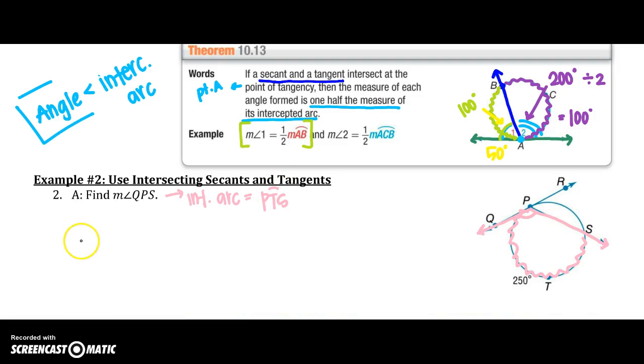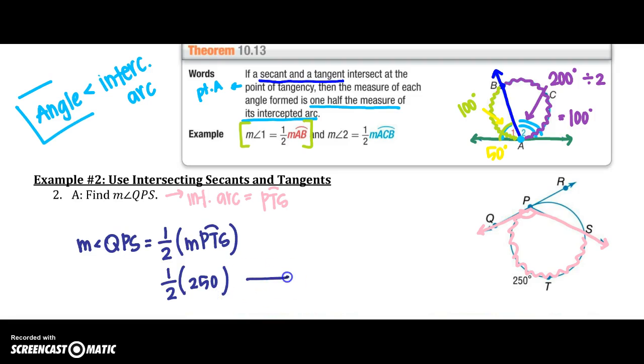So I'm going to take the measure of angle QPS to equal 1/2 of my intercepted arc, the measure of PTS. So 1/2 of 250 would give me the measure of angle QPS to equal 125.